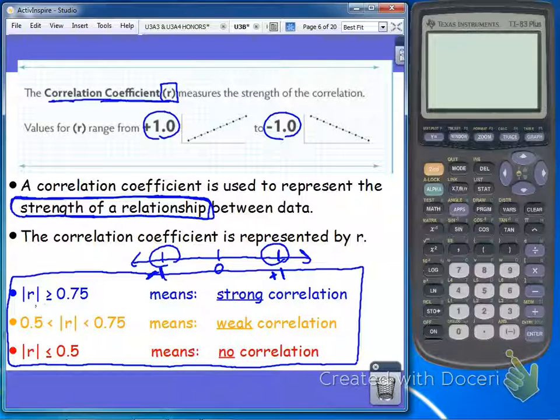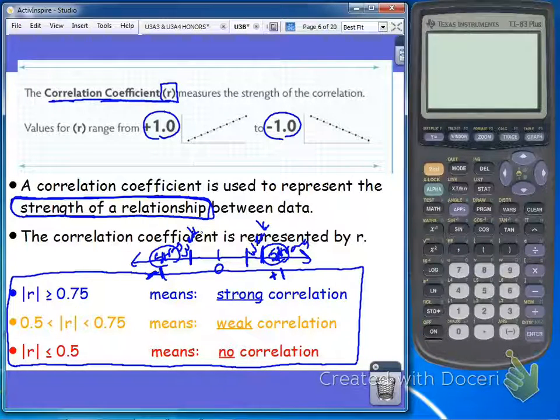If the absolute value of R is greater than or equal to 0.75, then we're going to say that's a strong correlation. If the R value is somewhere between 0.75 and 0.5, we're going to say it's weak. So here it's strong, here it's strong, and then it's weak.